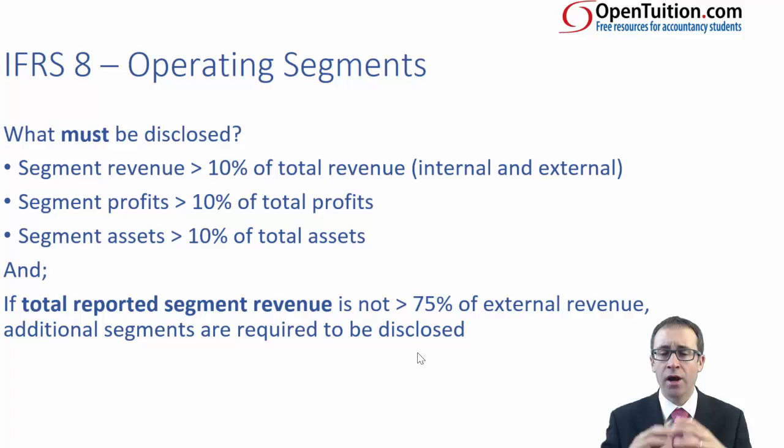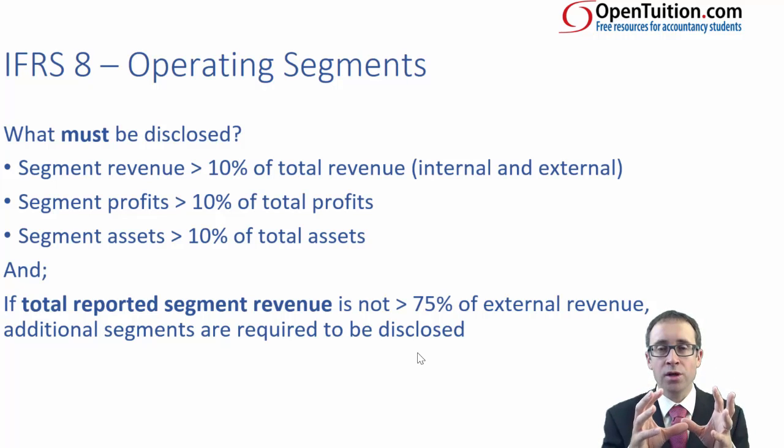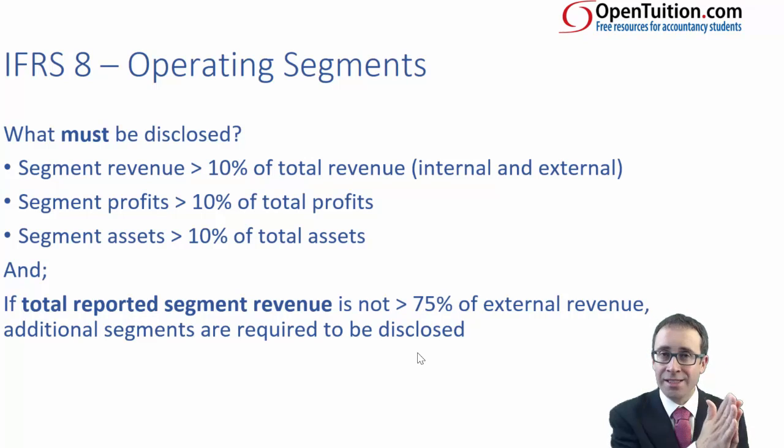However, there is an override rule in that you need to look at the segments that must be disclosed, and look at the total revenue from those segments that is being reported. If that revenue being reported separately isn't greater than 75% of the group's external revenue, so you need to actually disclose three quarters of the group's external revenue by segment, and if you haven't, then you need to disclose additional segments.